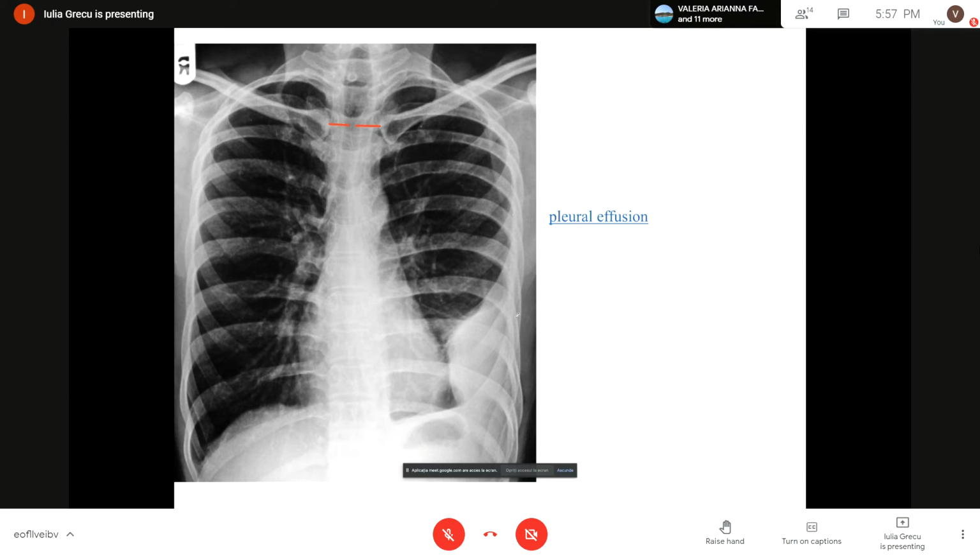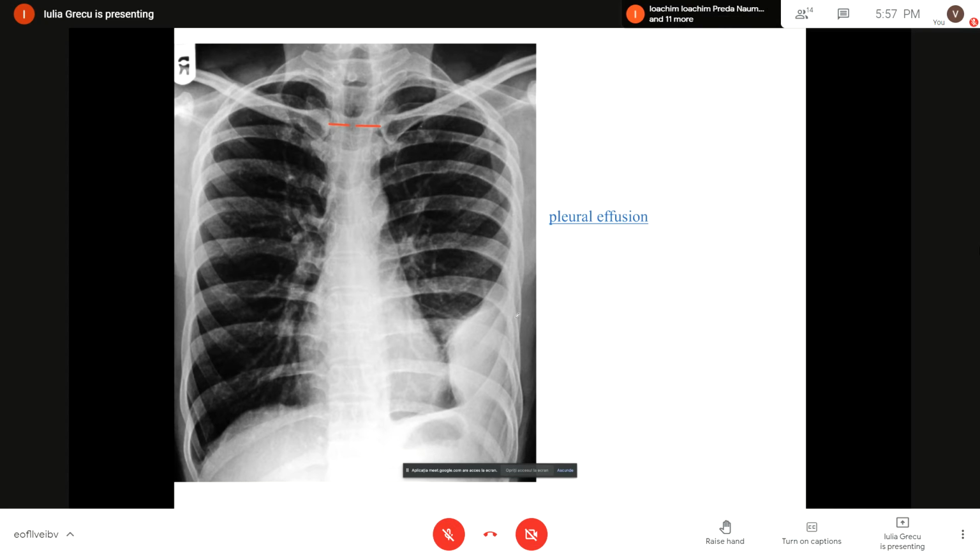What do you think? Do you think it's a simple pleural effusion, or do you think it's something more? What would be your diagnosis after you described all these features? So what's the diagnosis?